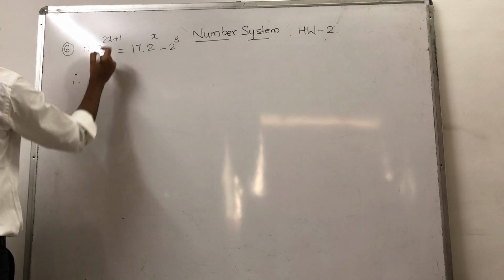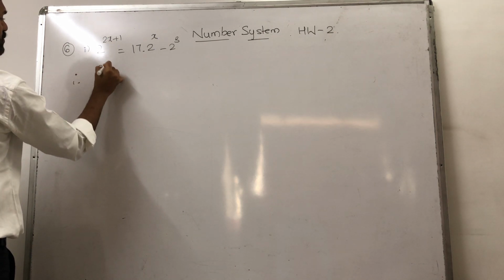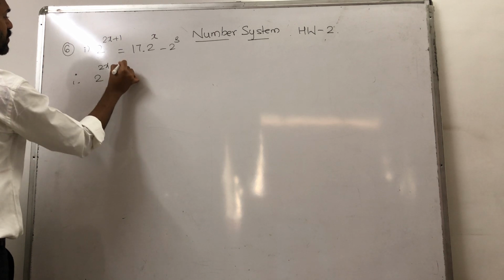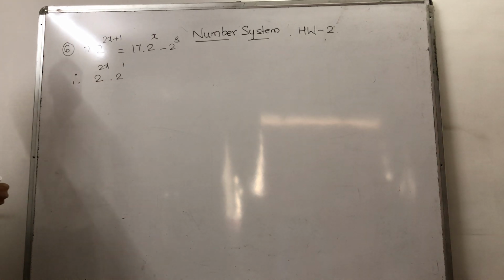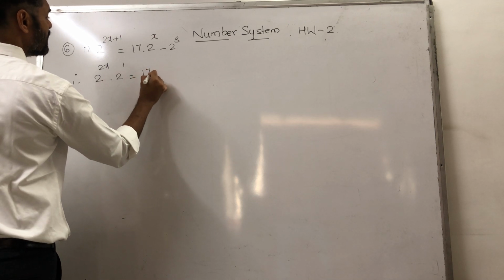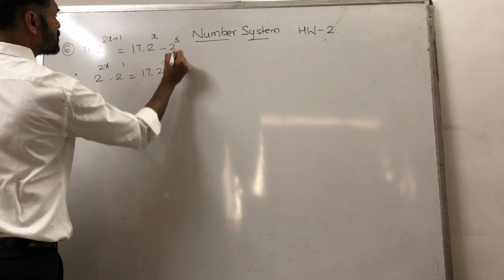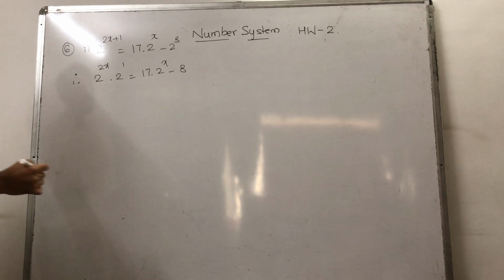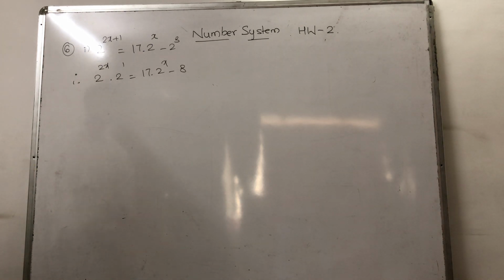Now 2 raised to 2x plus 1 can be broken down as 2 raised to 2x into 2 raised to 1. Now this is 17 times 2 raised to x, 2 cube can be written as 8.